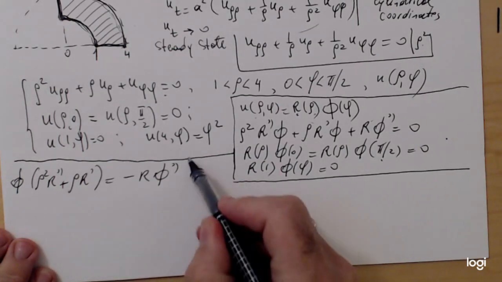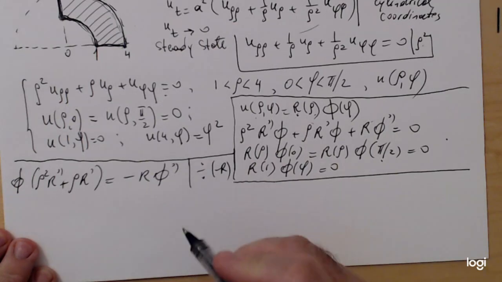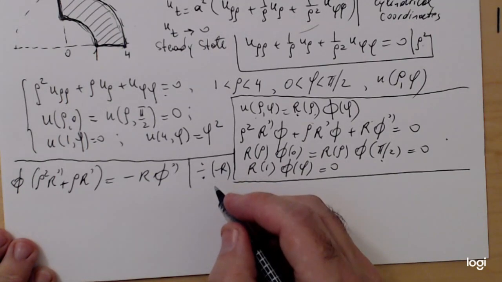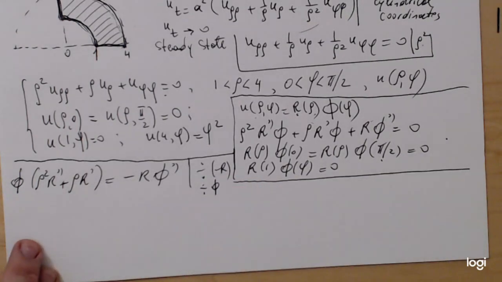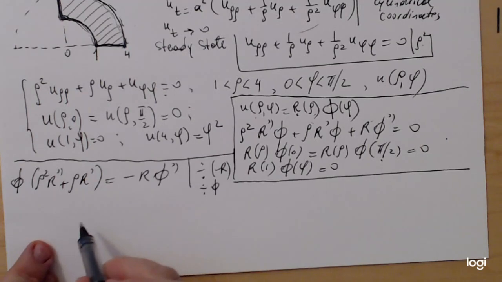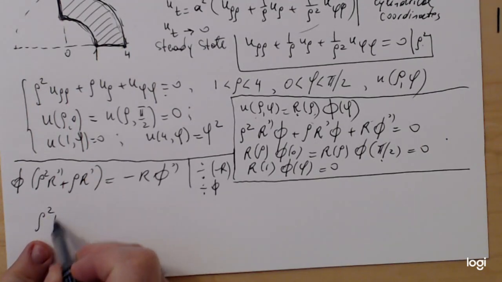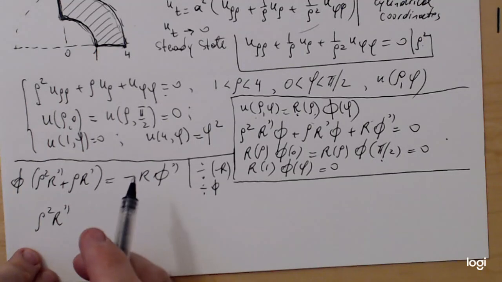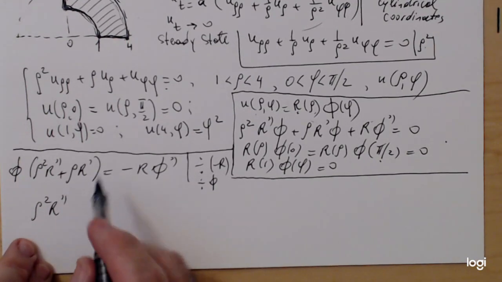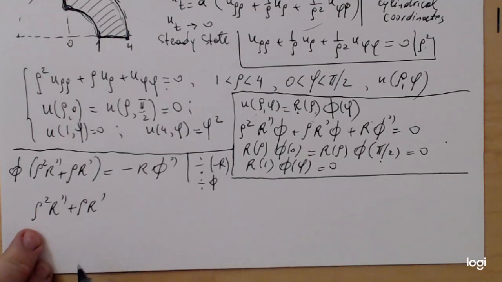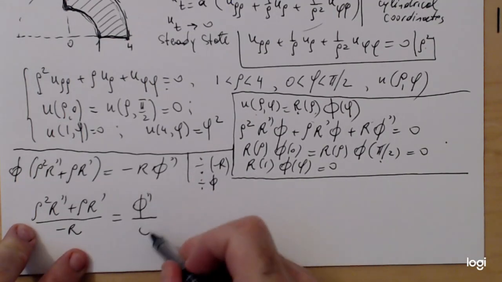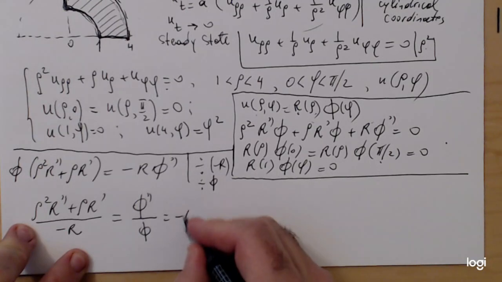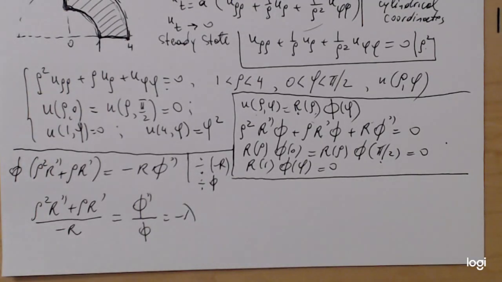And divide by minus R, and divide by phi to move it to the right-hand side. So in a separated form, the equation looks like rho squared R double prime plus rho R prime over minus R equals phi double prime over phi equals minus lambda, the separation constant that you introduce at this point.